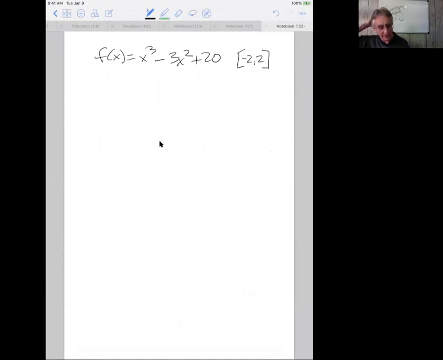Again, I wrote it with inequality signs on the test, but it would have been the same as this. Both of those mean the same thing on that interval. So what we've got to do is take the derivative, see if there are any critical points in between these two values in the interval. And all we've got to do is check the endpoints and the critical values.